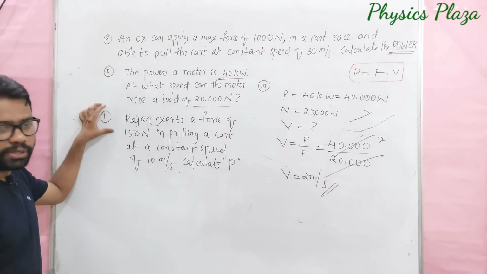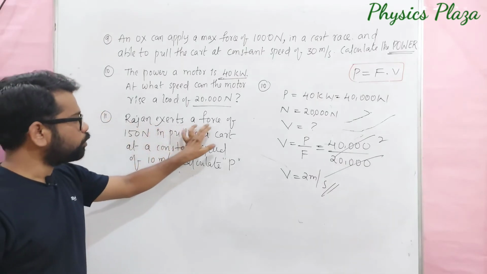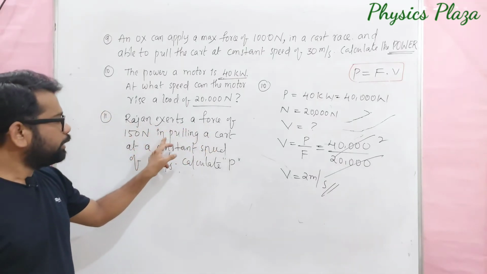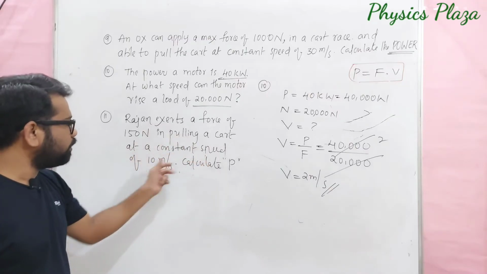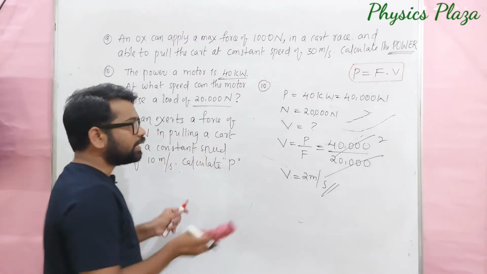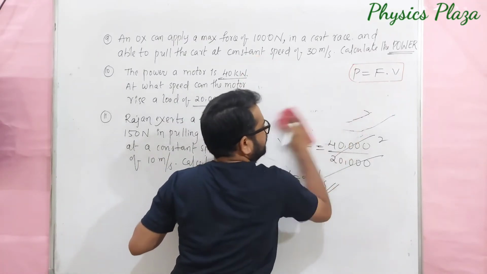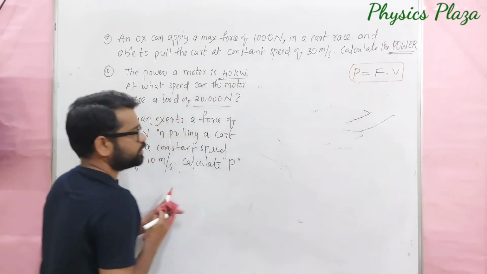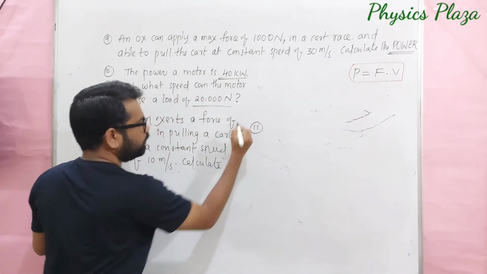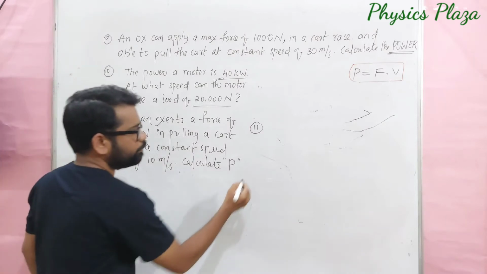Now look at the 11th question here. A man exerts a force of 150 newtons in pulling a cart at a constant speed of 10 meters per second, and calculate the power. Again, same formula, children. So here in the 11th one, what is given?